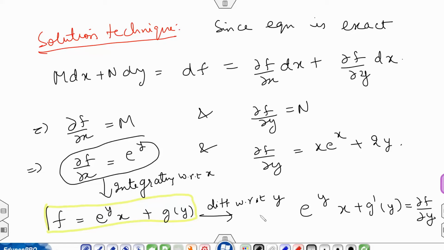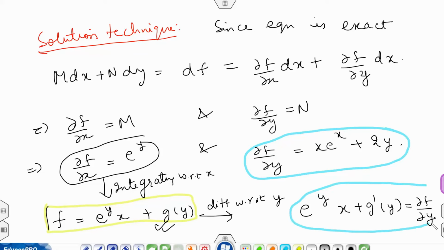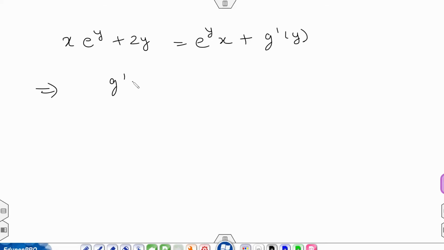You have only differentiated this with respect to y. Now just see this equation and this equation. If I call this equation 1 and this one equation number 2, then from equations 1 and 2 we will have x e to the power y plus 2y is equal to x e to the power y plus g dash y. This implies that g dash y is equal to 2y.